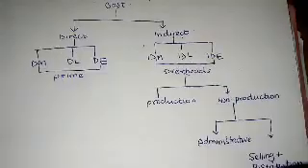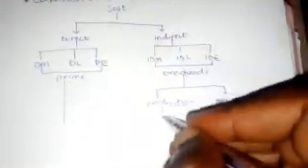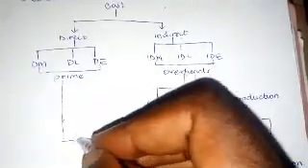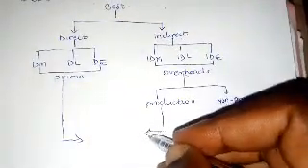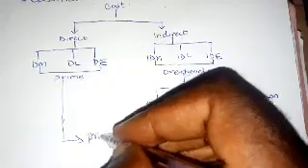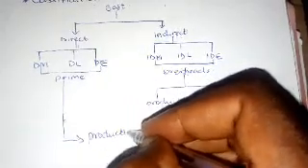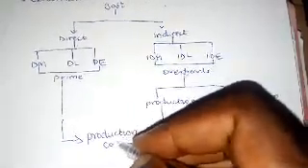Now when you add the prime cost plus the production overheads together, it will give you the production cost.